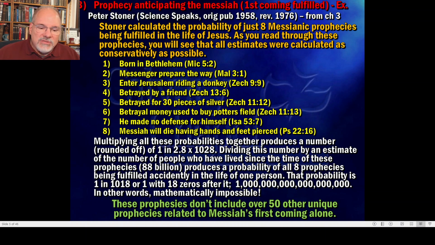Now, these prophecies don't include over 50 other unique prophecies that are related to the Messiah's first coming alone, not to mention the hundreds in the second coming, okay? So this is coming number one. And so I think we're starting to get an idea that predictive prophecy is a tremendously powerful apologetic for the Bible and ultimately for the resurrection.